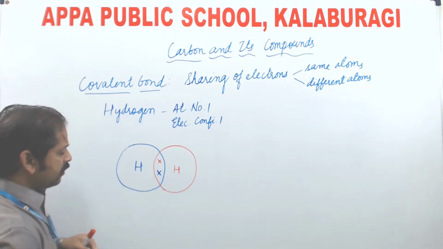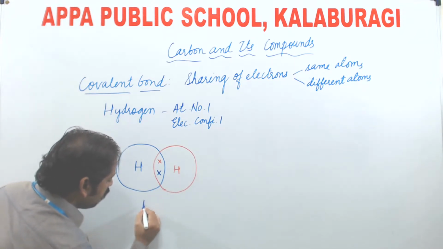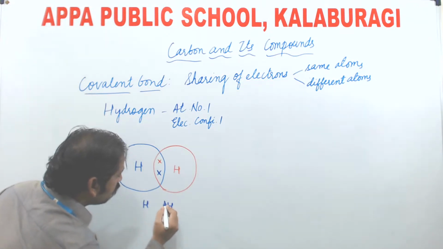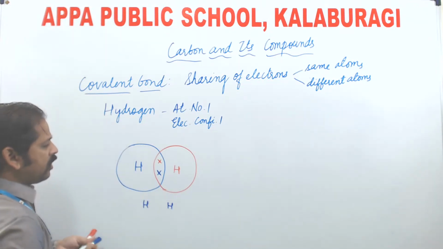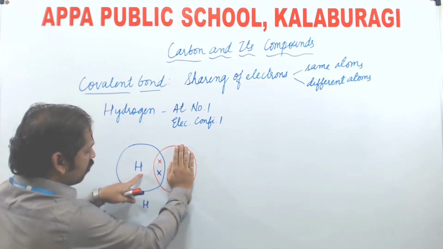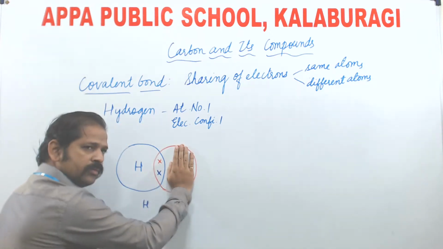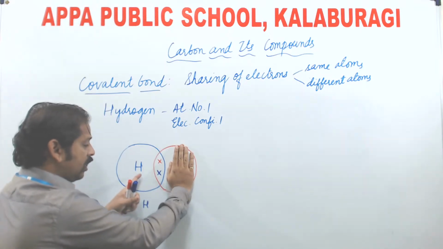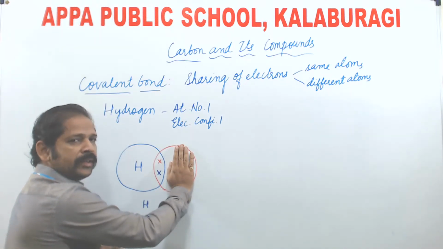Two hydrogens are there. Now what has the hydrogen become from one electron? This hydrogen has become two electrons. Yes, this hydrogen has attained stability.